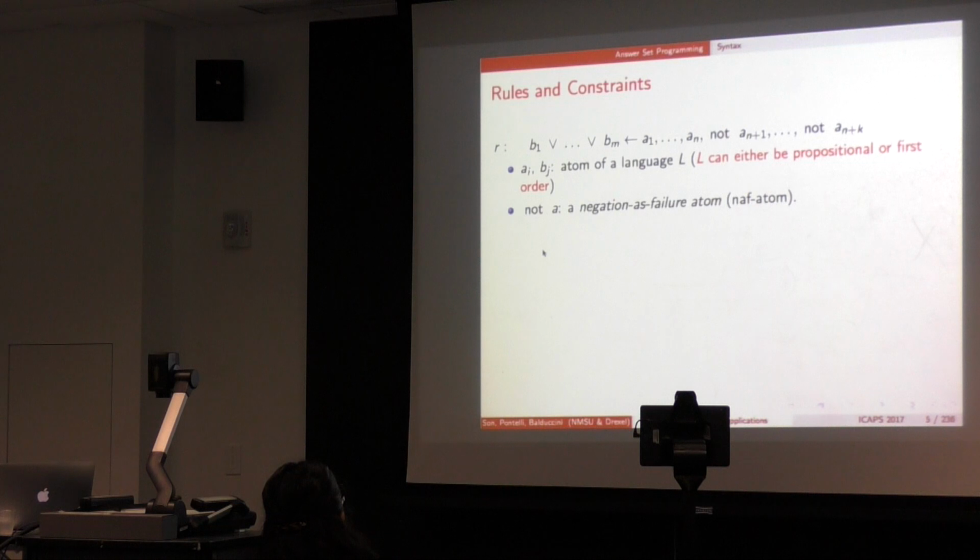To start with the basics, I'm going to talk about answer set programming now. The syntax of the language is very simple. We have rules of the form B1 or ... or BM, this is the head, and then the body is A1 to AN, not AN+1 to not AN+K, where these AI and BJ are atoms of a certain language, either propositional or first order.